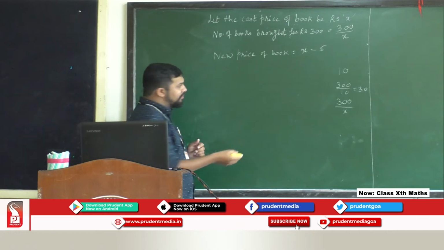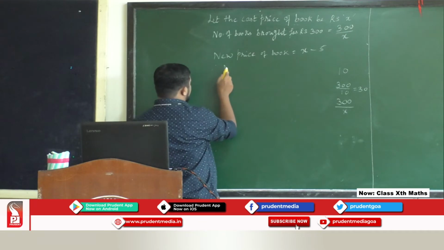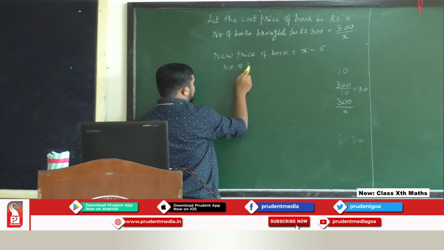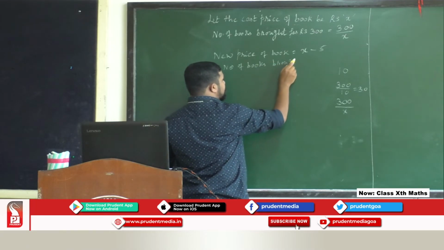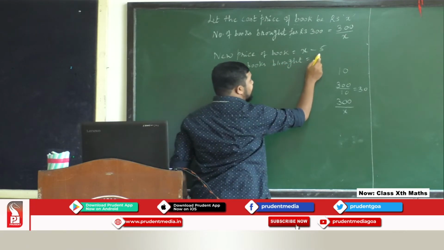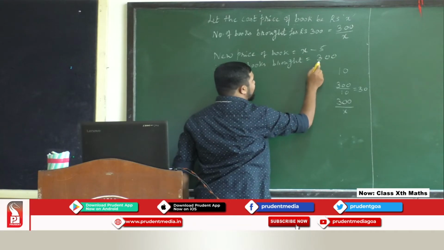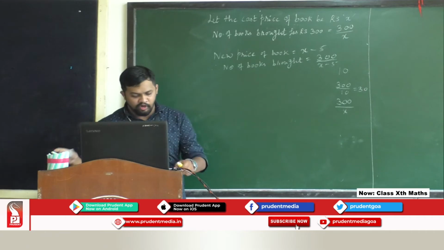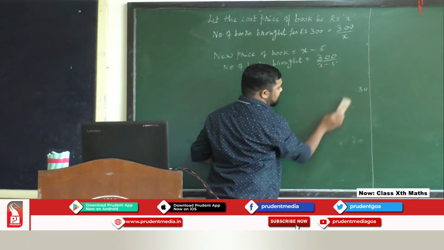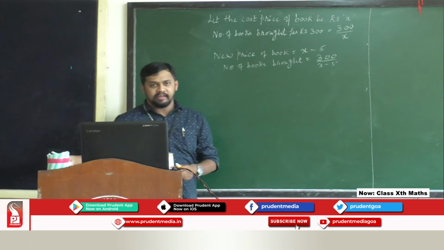Same way, how many books will I buy? Therefore, the number of books bought will be 300, the actual amount I have, divided by the new price of the book, x minus 5. So 300 by x minus 5.